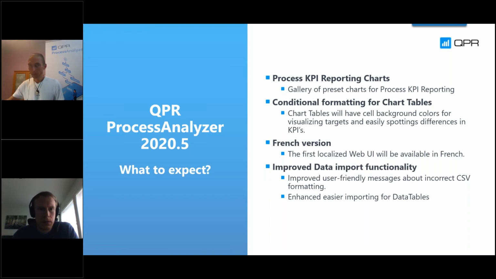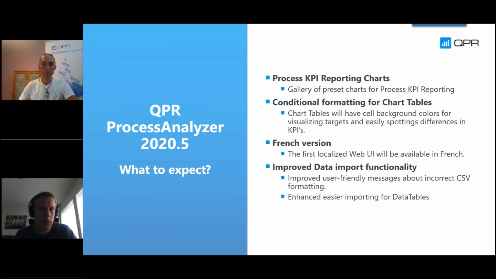So, well, let's start with the new process KPI reporting charts that we will have there. Several useful of them, and they are, for example, describing process durations, delays, reworks in the process flow, and then you can compare and benchmark the different KPIs there.